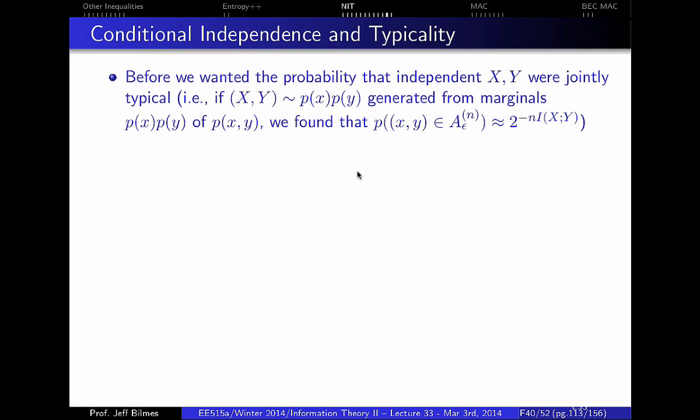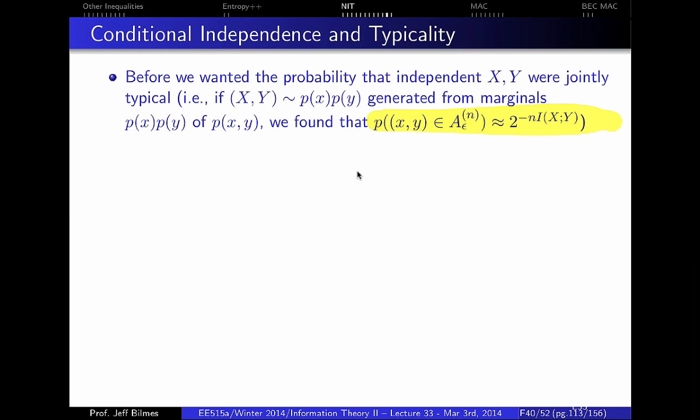We saw that that depended on the mutual information. If the mutual information was very big, then these two marginally typical sequences were very unlikely to be jointly typical. And that's what we have here: the probability of such pairs, marginally typical but independent of each other, being jointly typical was 2 to the negative n times the mutual information.